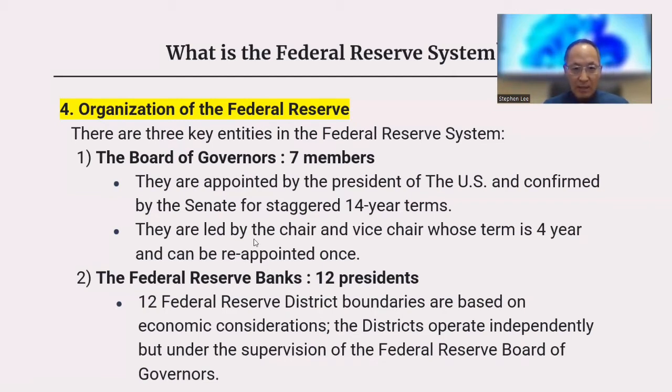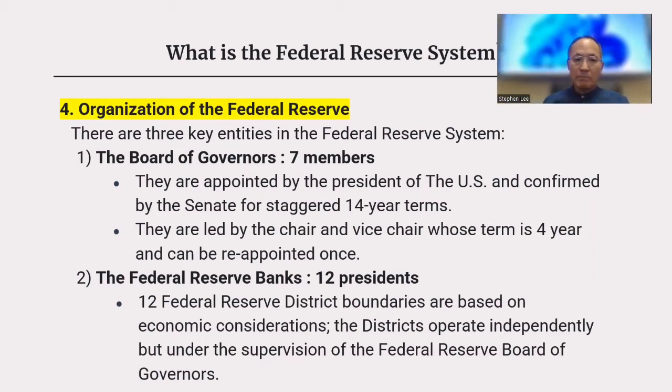And they are led by the chair and the vice chair, whose term is 4 years and can be reappointed once. So all other members have a 14-year term, but the chairperson and vice chair only have a 4-year term. The current chair is Jerome Powell. You can Google and see all the names of these 7 members.